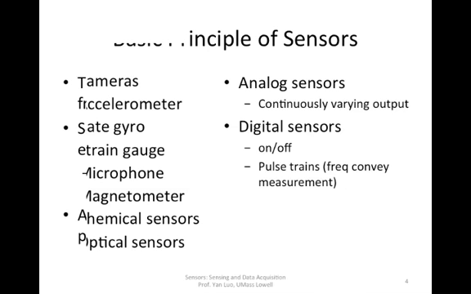And many other ones, magnetometer, chemical sensors, optical sensors, etc. We have two kinds of sensors in terms of the format of the signal. One is analog, one is digital. For analog sensors, it outputs continuously varying output. Many sensors belong to this category. You can also find some digital sensors will give you on-off status or pulse trains.